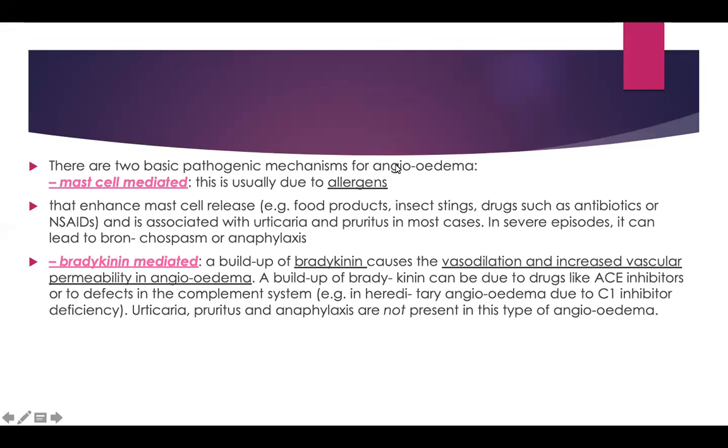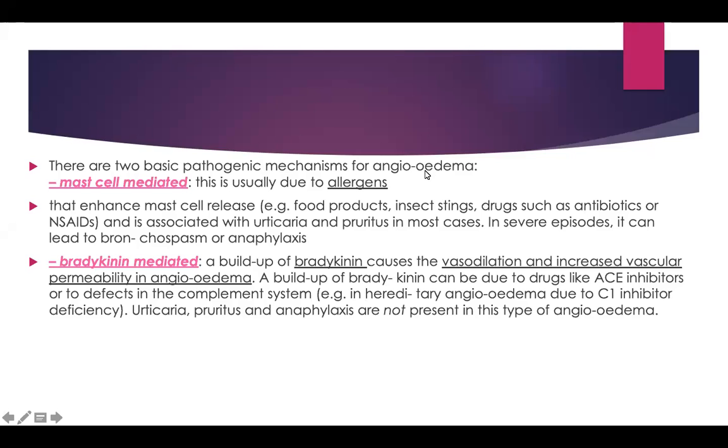The mast cell-mediated angioedema is associated with urticaria and anaphylactic episodes. But the bradykinin-mediated angioedema, which is the other type of angioedema, can be precipitated by ACE inhibitors, or it could be hereditary angioedema due to C1 inhibitor deficiency. In this type, urticaria, pruritus, and anaphylaxis are not present. This is the difference between them.